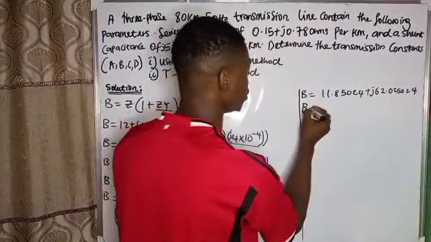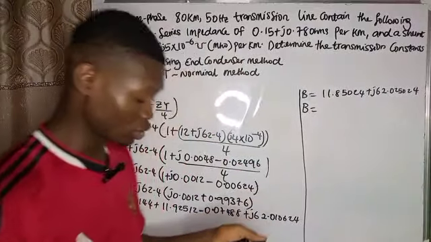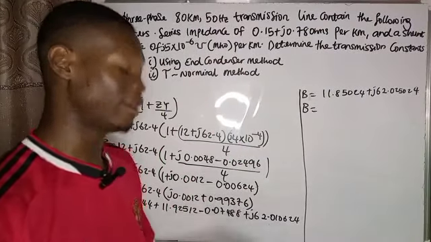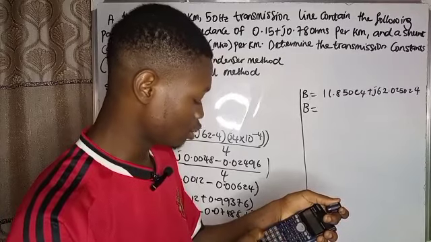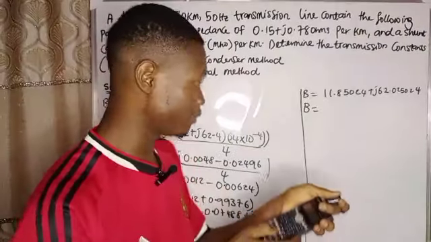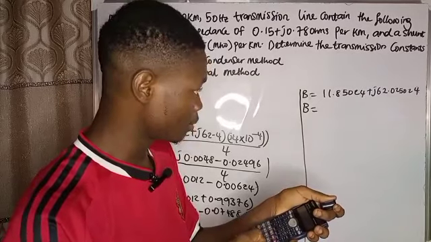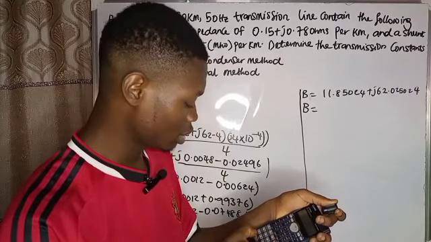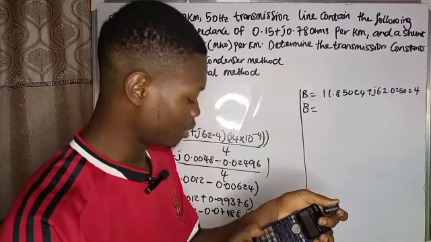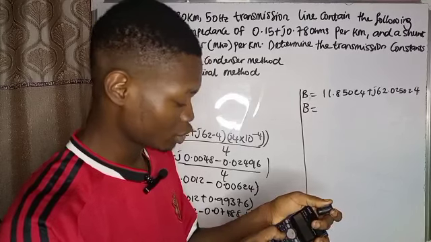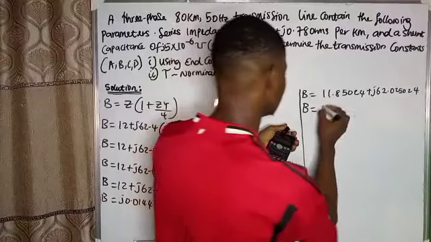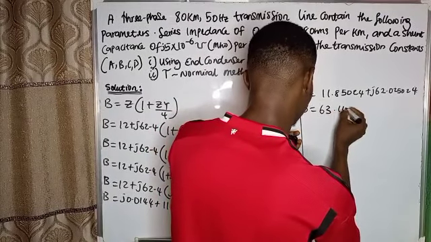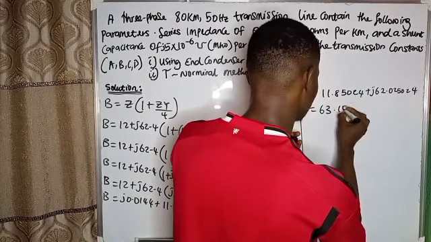So my B is equal to what? I'm going to convert it to polar form. I'm having 11.85024, and remember, using that formula, squared plus 62.025024 squared, then the square root. I'm having 63.15 approximately.